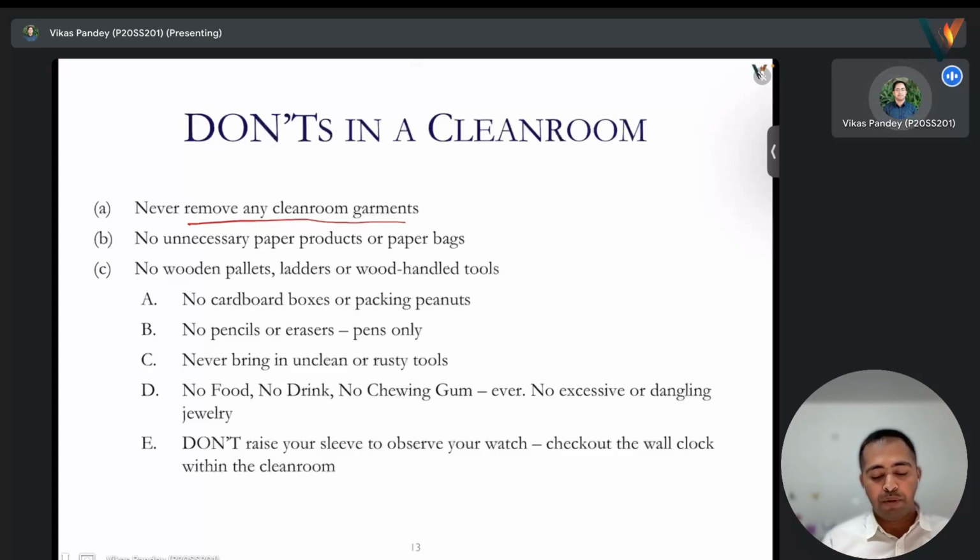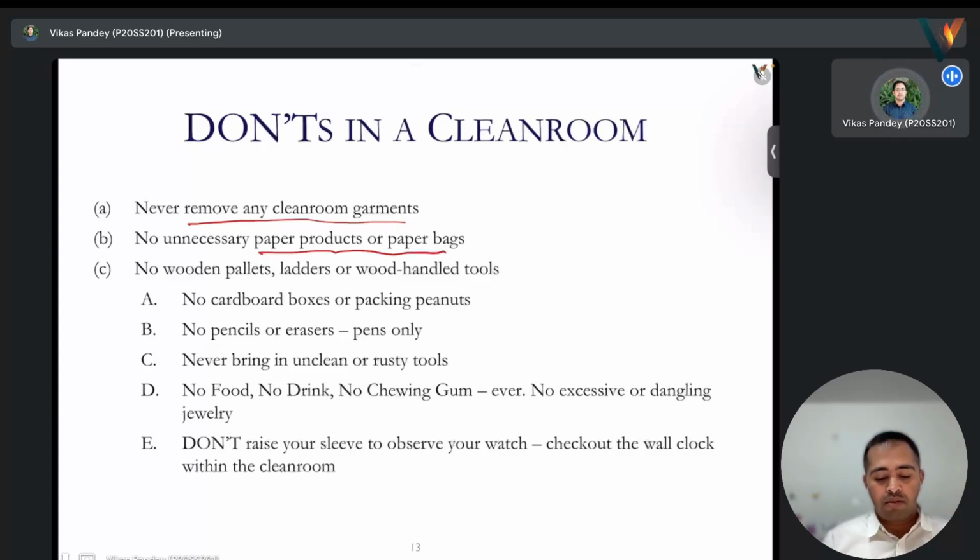No unnecessary paper products or paper bags, because paper has some dust and can have some fibers that will affect it. No wooden pallets, ladders, or wood-handled tools. Everything should be plastic-handled.